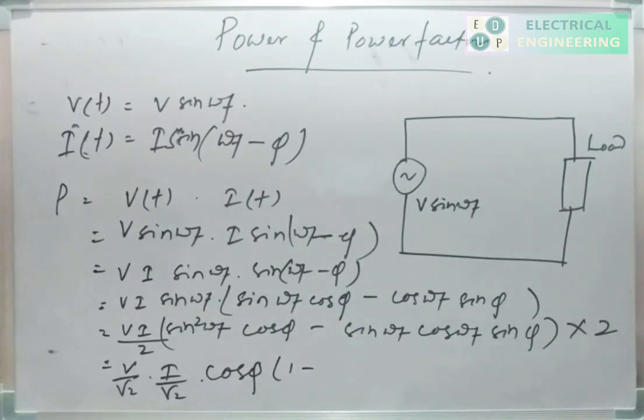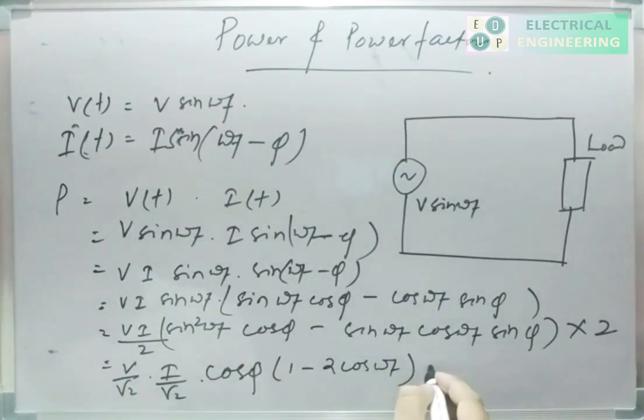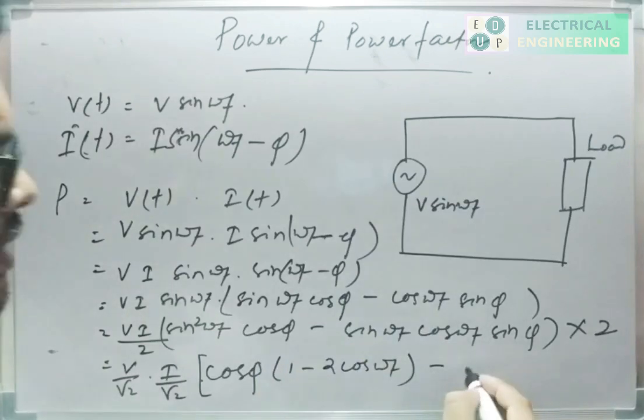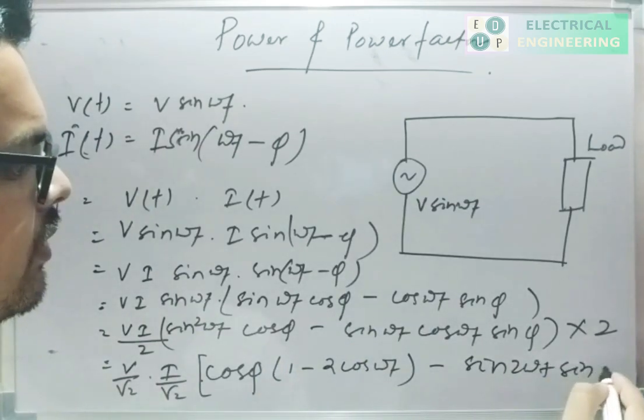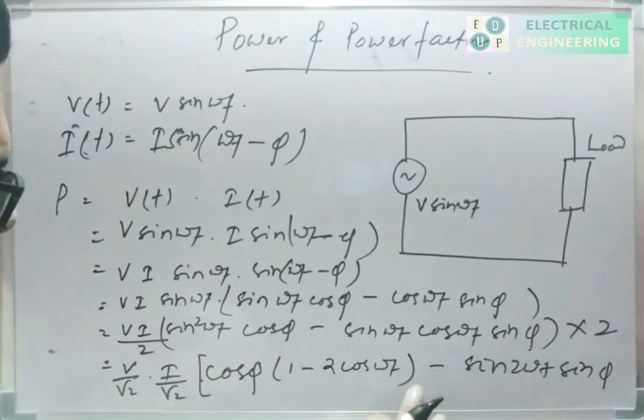And then minus 2 sin omega t cos omega t sin phi. 2 sin theta cos theta is sin 2 theta, so sin 2 omega t into sin phi.